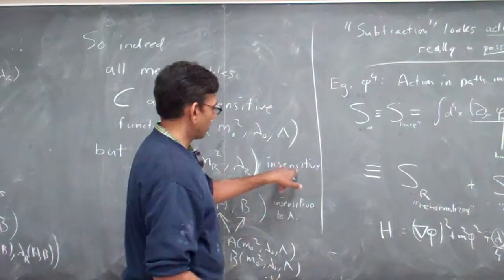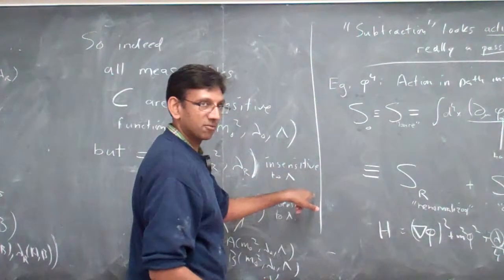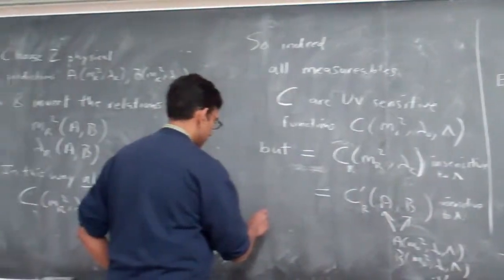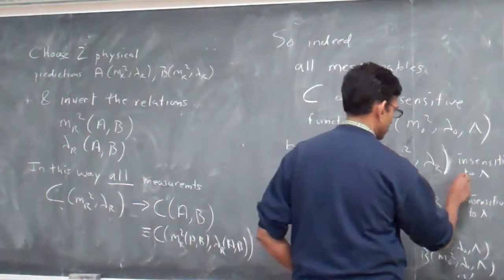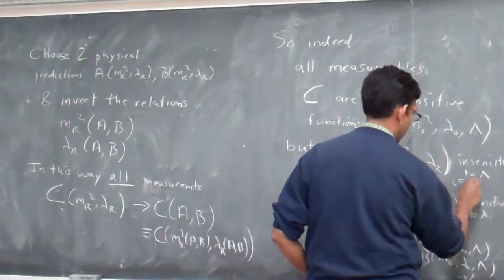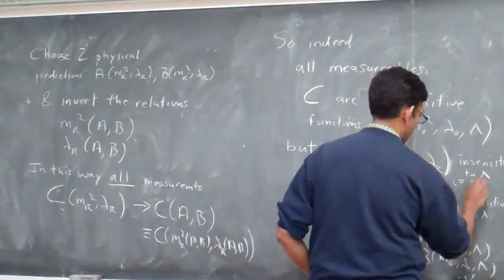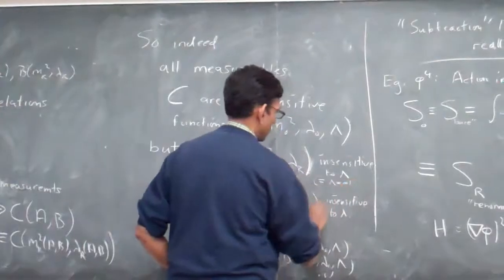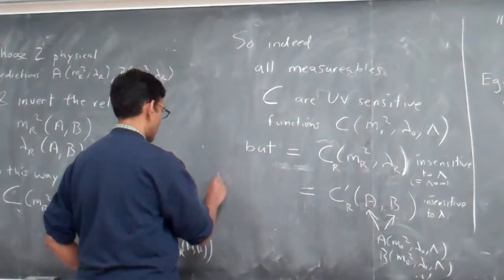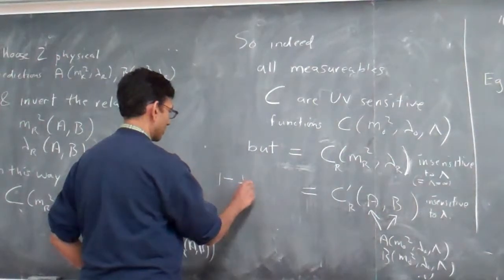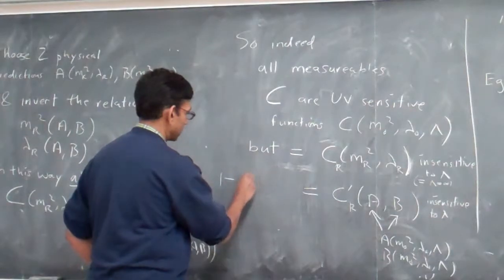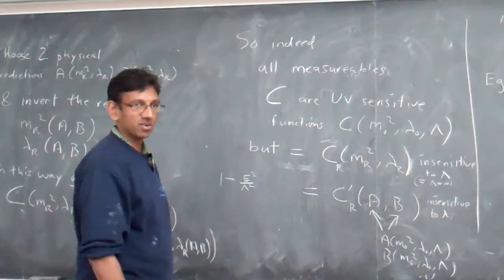So there are things which are insensitive to the cutoff, but insensitive to the cutoff means that, so here's an insensitive function of the cutoff. 1 minus 1 over cutoff squared. Or let me say energy of my experiment squared over the cutoff squared.